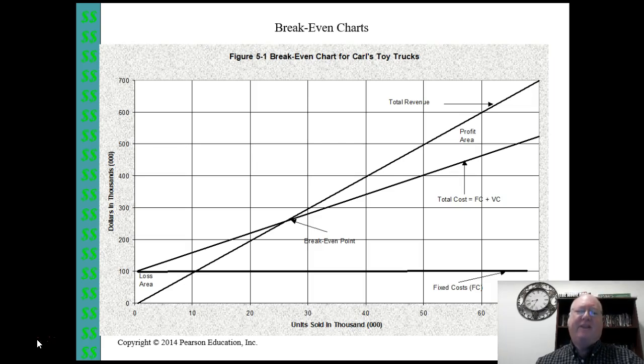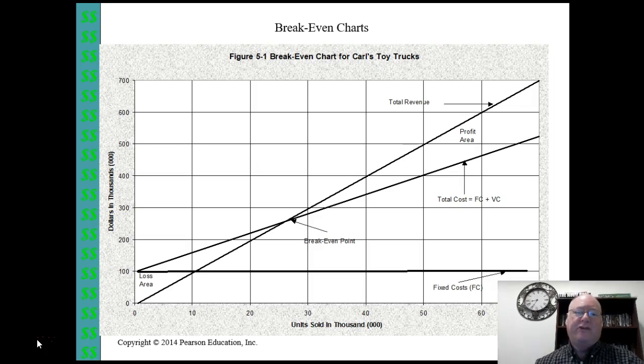Graphically, we can represent it this way, so you understand what you are trying to do. You are trying to identify a particular break-even point where you are covering whatever costs you have set forth. You can see the total cost line there is your fixed costs plus your variable costs. Assuming everything else is equal, that is graphically a straight line.